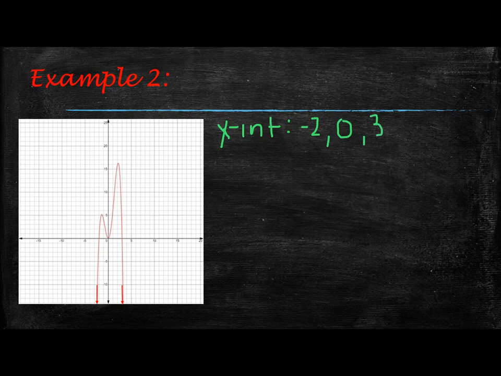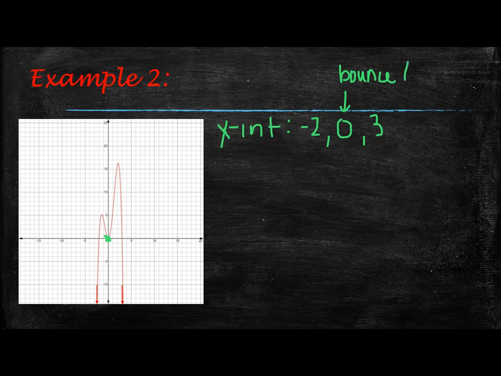So same x-intercepts. However, at x equals 0, that bounces. Okay, so this one bounces, which means it's going to have a power of 2.